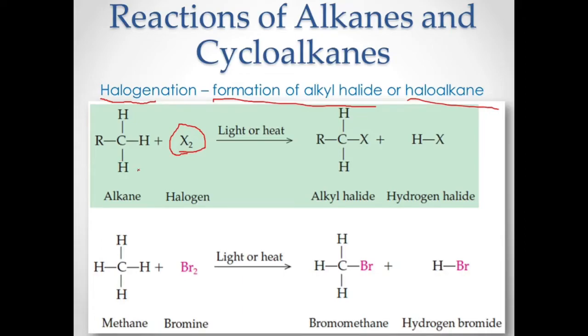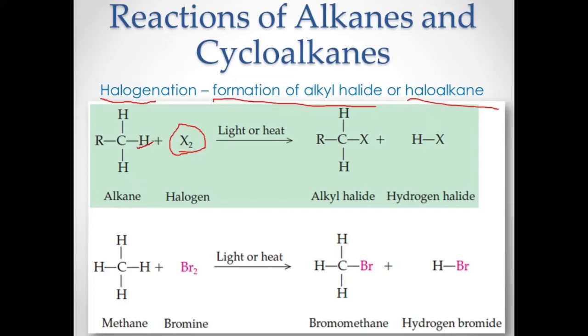Then for alkanes, if you are going to react this with a halogen in the presence of light or heat, then the formation would now be a monosubstituted alkane. Okay, monosubstituted alkane, that is actually monohalogenation for the alkane. When you say mono, that means one halogen atom is substituted for the hydrogen.